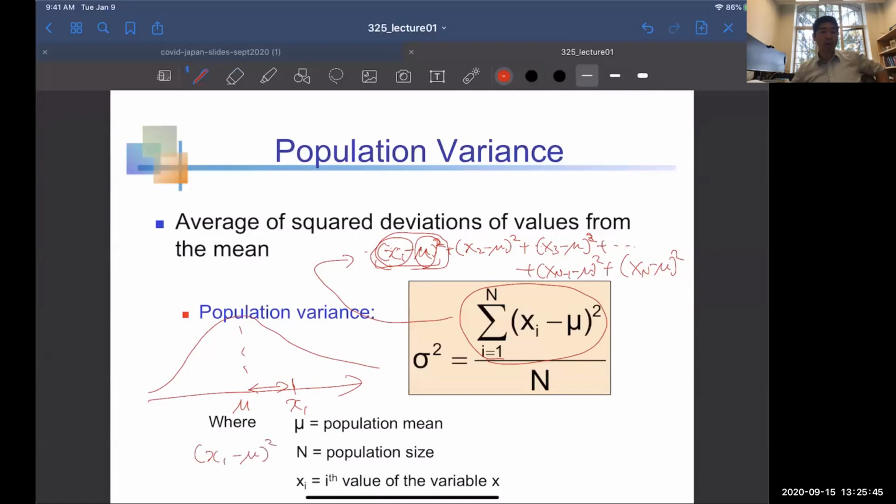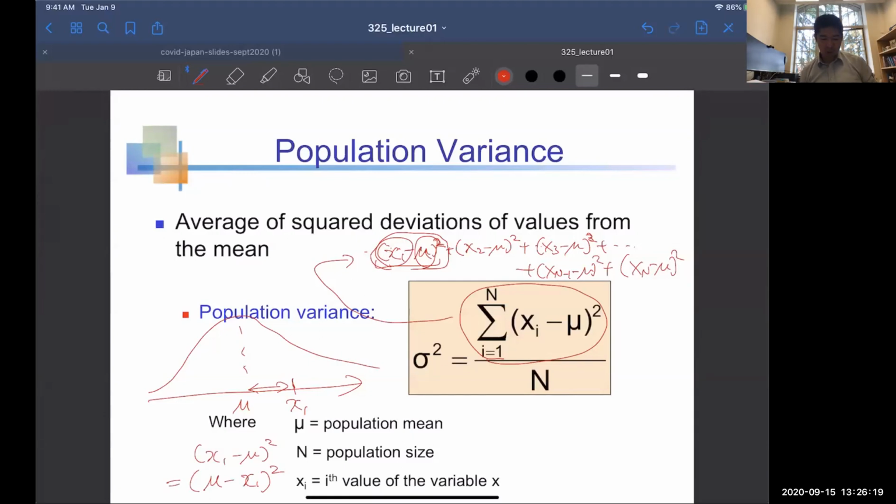The most commonly used measure is the squared distance. Why am I taking a square? One benefit of taking a square is that it is always positive. So whether mu is bigger than x1 or x1 is bigger than mu doesn't matter. As long as the distance is the same, you come up with the same measure.